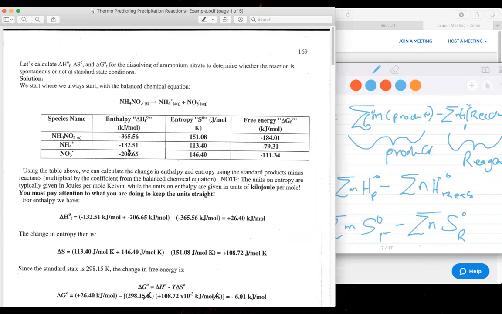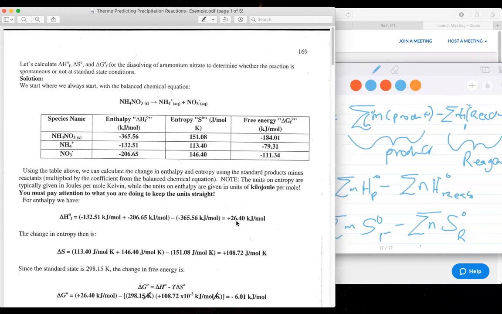You add the enthalpy of formation of nitrate and ammonia together; this is the product. Pay attention to the sign, minus, in parentheses, product. We have only reagent here, so we subtract, and it is positive, positive 6.40 for this particular reaction.